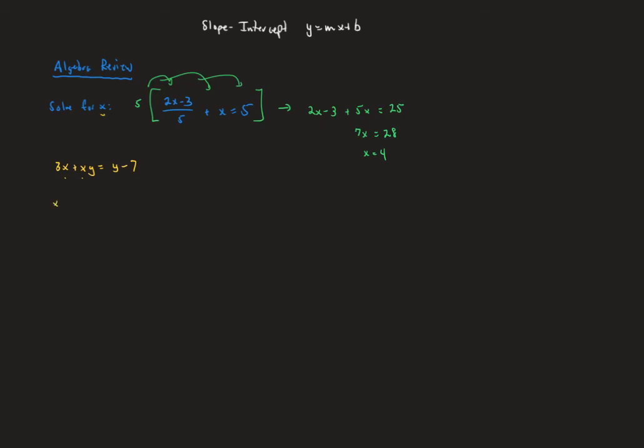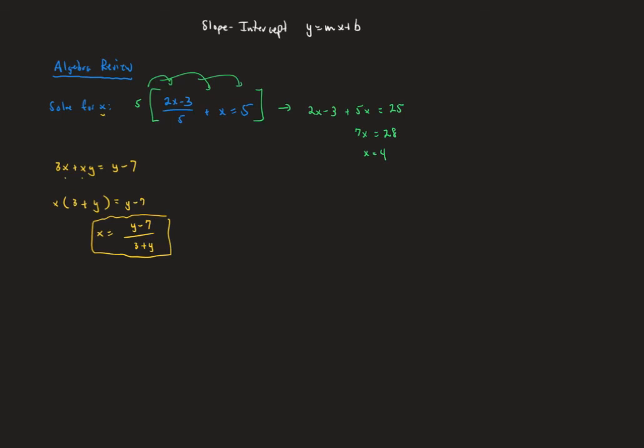So the trick is to factor out the x, leaving behind the 3 plus y, and then dividing that whole 3 plus y to the other side and getting that y minus 7 over 3 plus y. Now, it may be tempting to try to cancel those y's, but that is not correct. Don't do that.